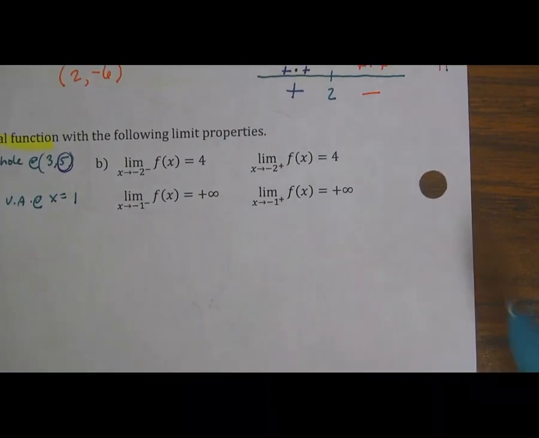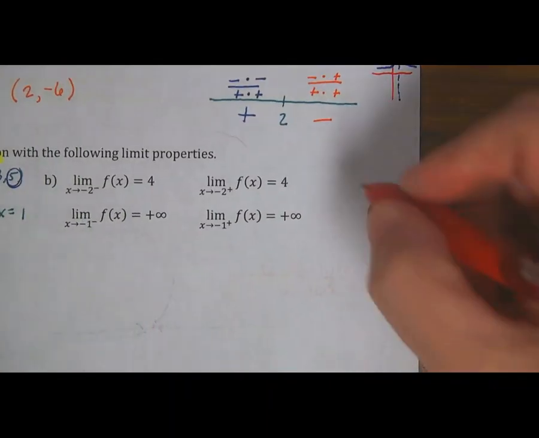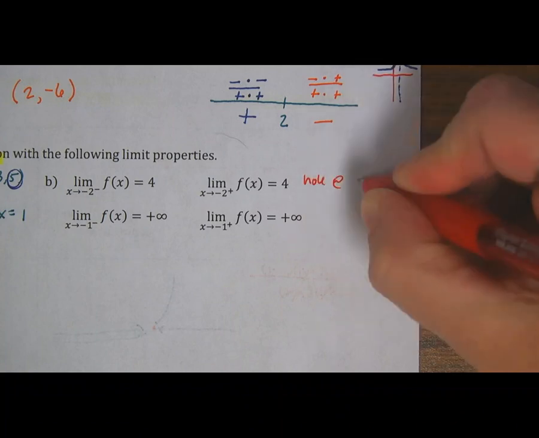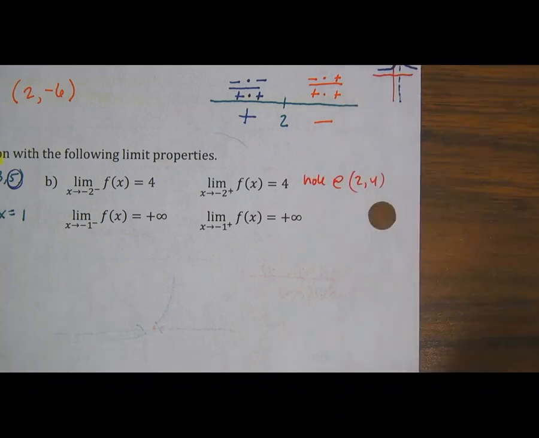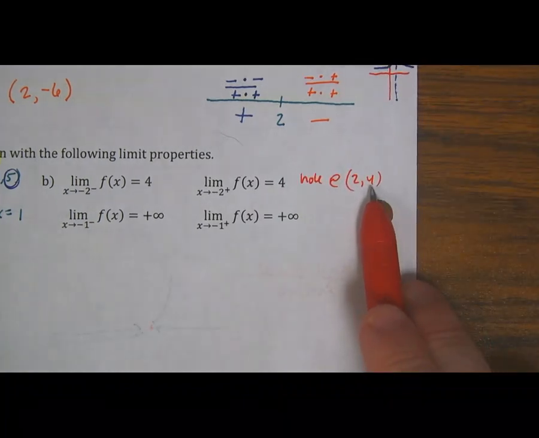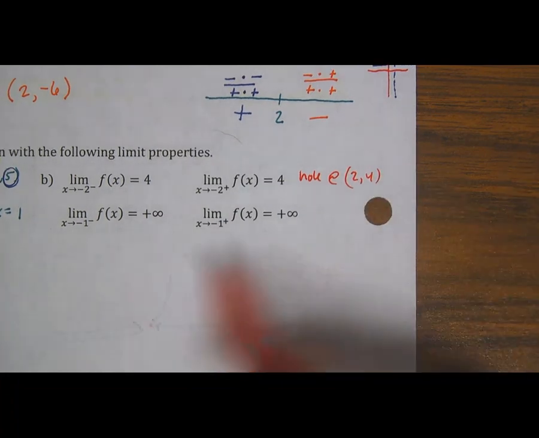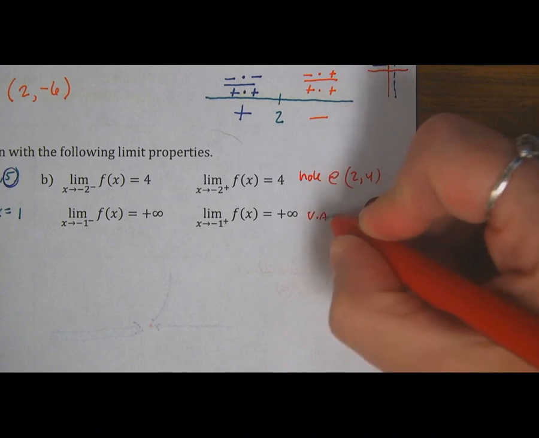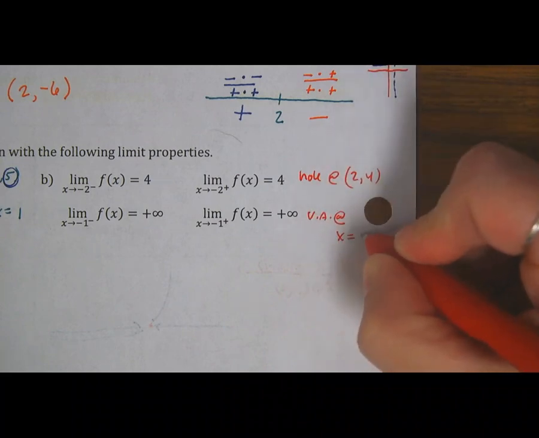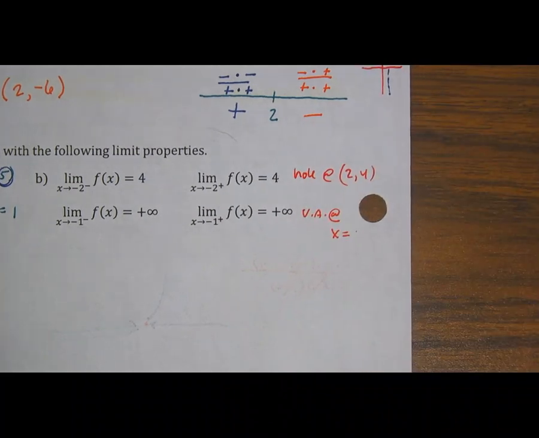I'm hoping all of you can look at this and say, all right, there's a hole at 2, 4. The hardest part is going to be creating a situation where the y value is 4 when they're plugging in a 2. And there is a vertical asymptote at, oh, I did that wrong.